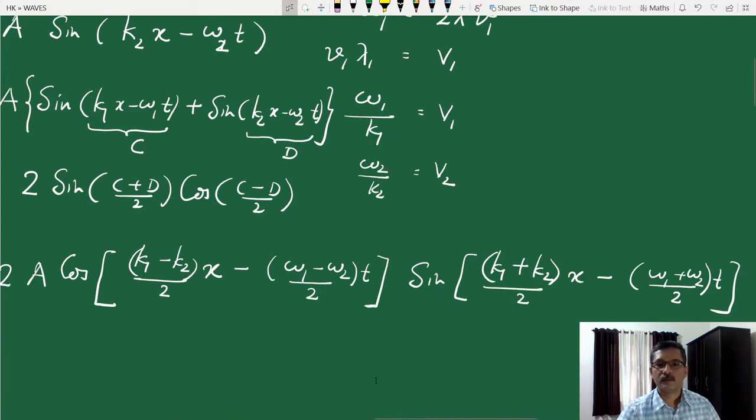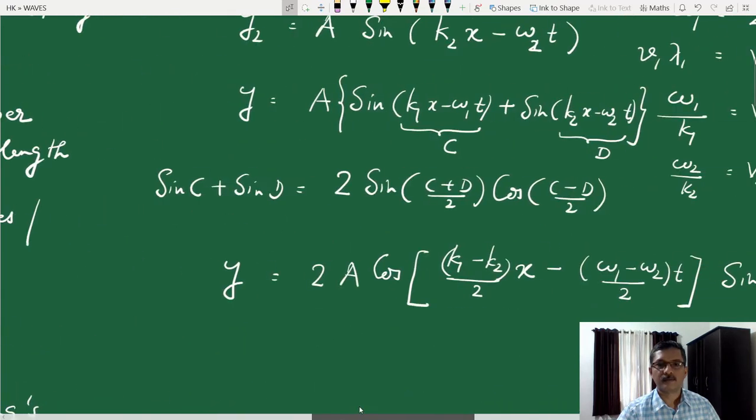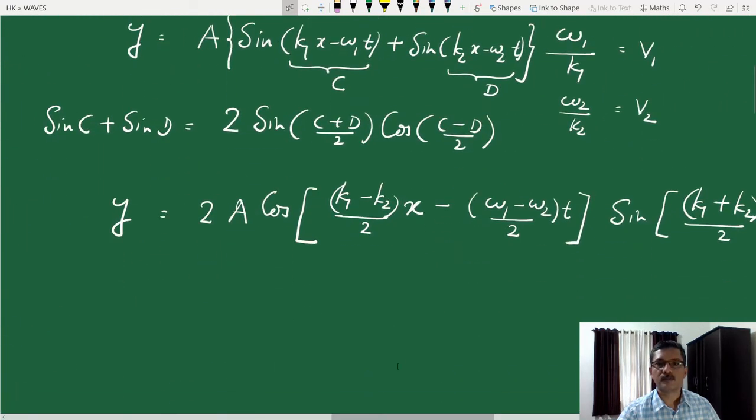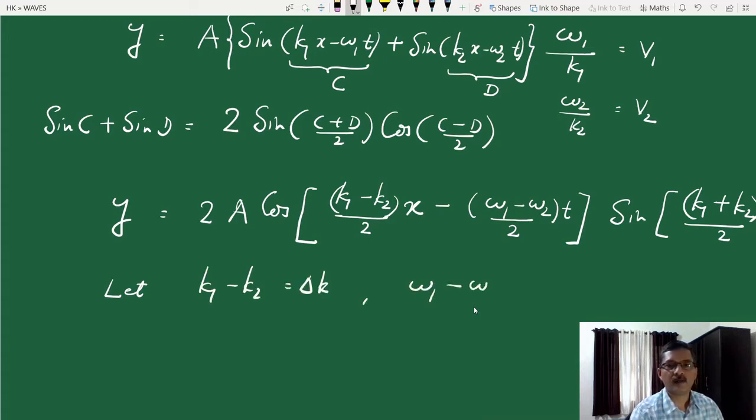Now let us use some simplified notation. We have k1 minus k2 by 2. So let k1 minus k2 equal delta k, and omega 1 minus omega 2 equal delta omega. These are in the cosine term.